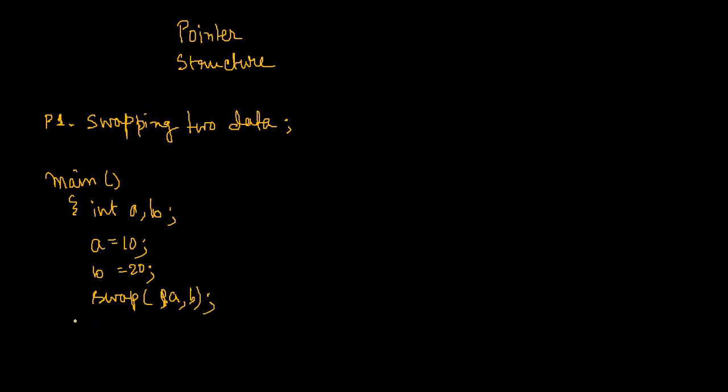Why is it a void function? Because ultimately after swapping, if you print a and b, basically it should print 10 and 20. But after swapping, it should be 20 and 10 somehow.